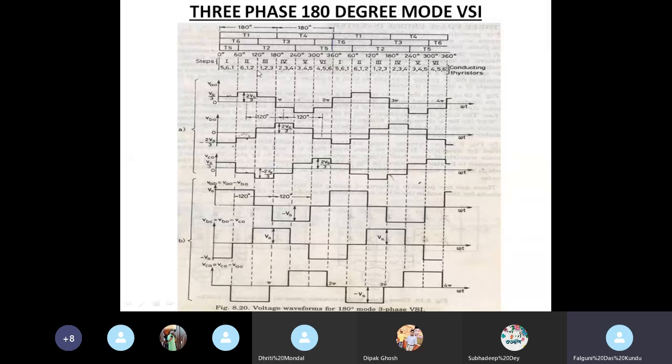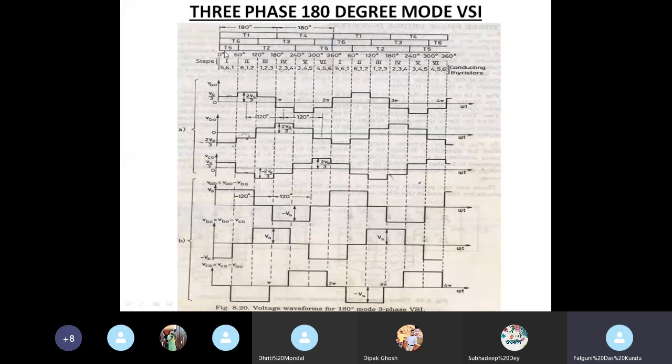Up to this, T6 and T3, T6, T3, T6. This portion must be added to this to get the 180-degree conduction mode.